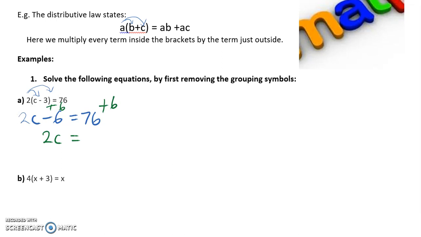So that's going to give me, you got it, 82. Then if I want to get the c by itself, just like we're doing previously, we're going to do the opposite of multiplying by 2, which is dividing by 2 to both sides. And that's going to give us c is equal to 41. Okay.